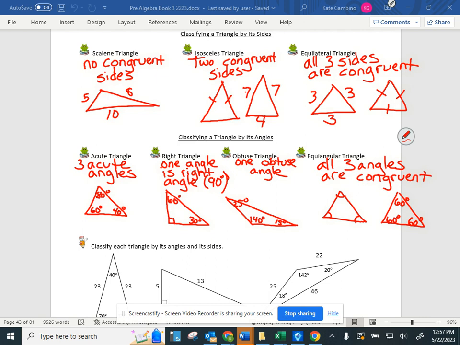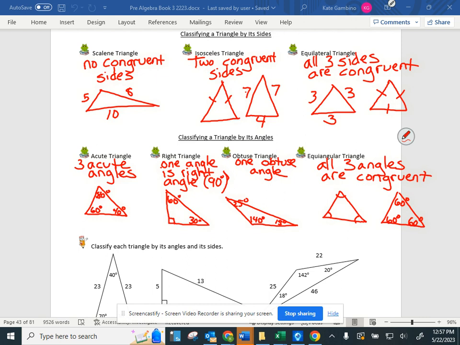So notice when we have congruent sides or congruent angles, there are two different ways you can show that: using the notches for our sides to show what's congruent, or using side measurements. For the equiangular triangle, you can use the congruent arcs, or you can write in the measurements.